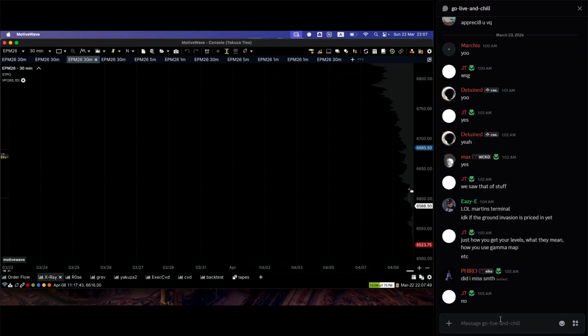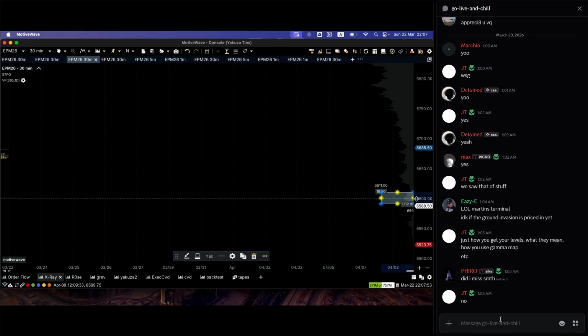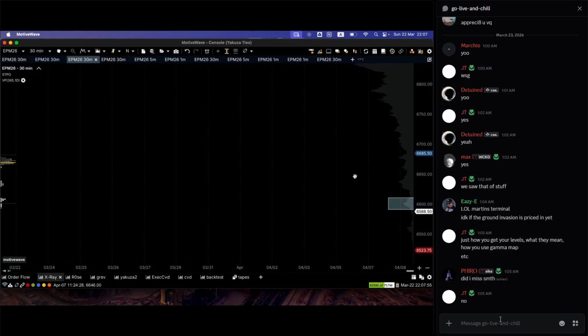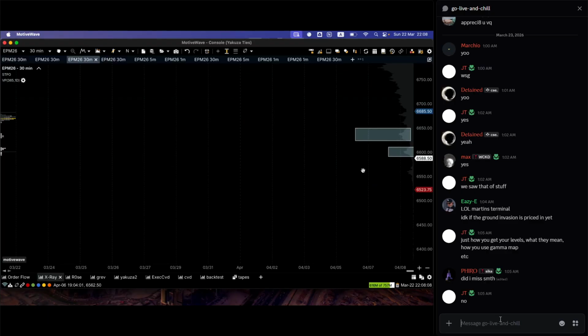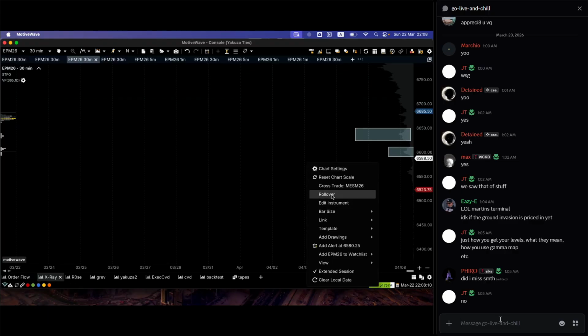This would be a micro balance. This would be a micro balance too. Because it's a new contract, we don't have anything lower, but I'm pretty sure we can roll over.